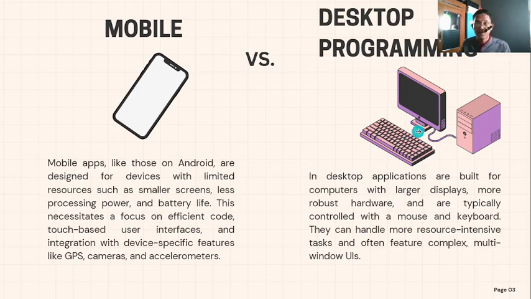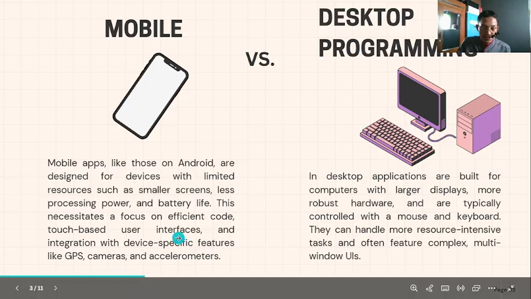Dito sir, mobile versus desktop programming. Mobile apps like those on Android are designed for devices with limited resources such as smaller screens, less processing power, and battery life. This necessitates a focus on efficient code, touch-based user interfaces, and integration with device-specific features like GPS, cameras and accelerometers.